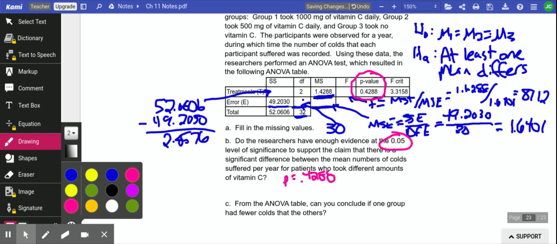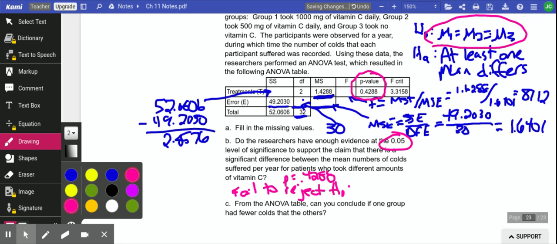Clearly, P is much larger than alpha, so we are going to fail to reject H, our null hypothesis.